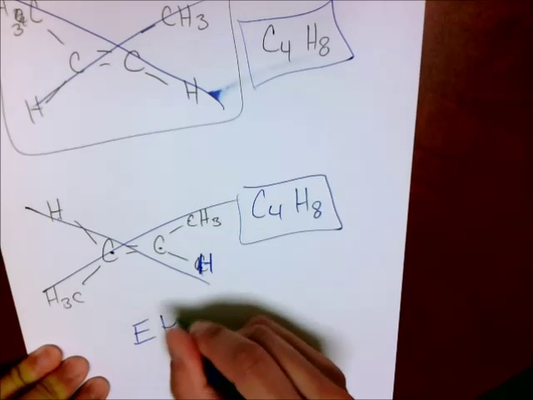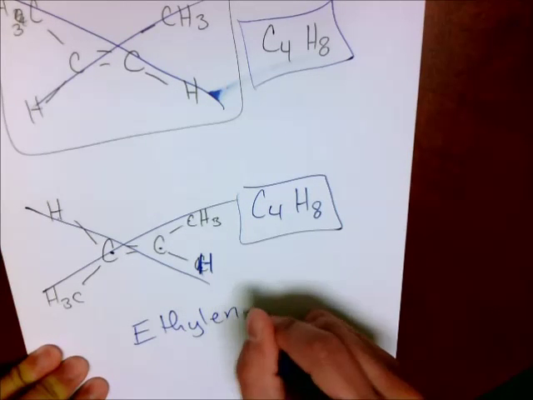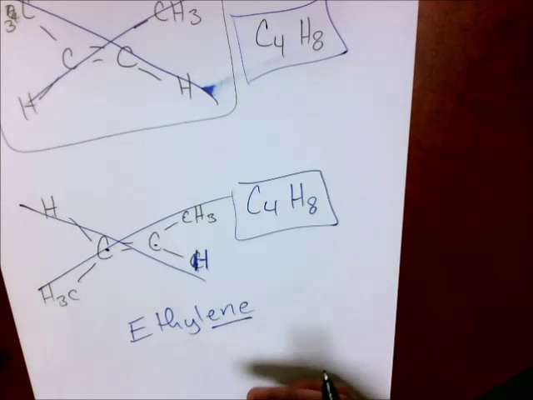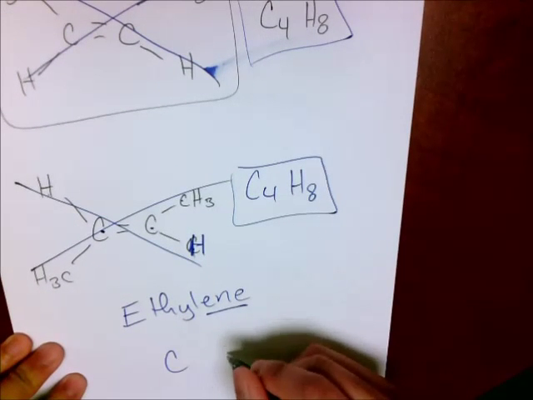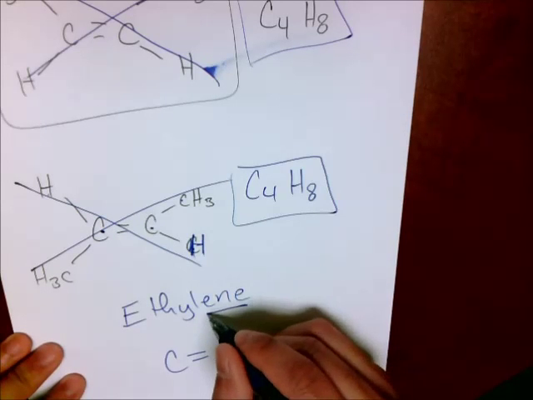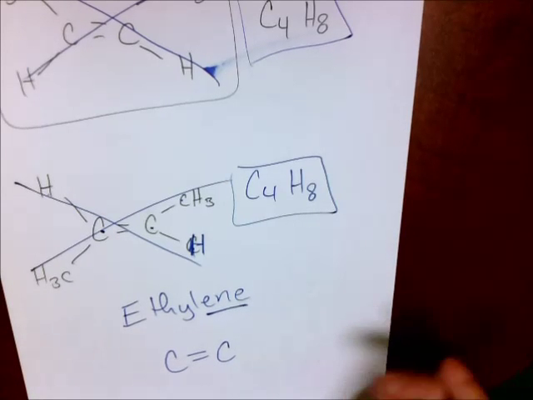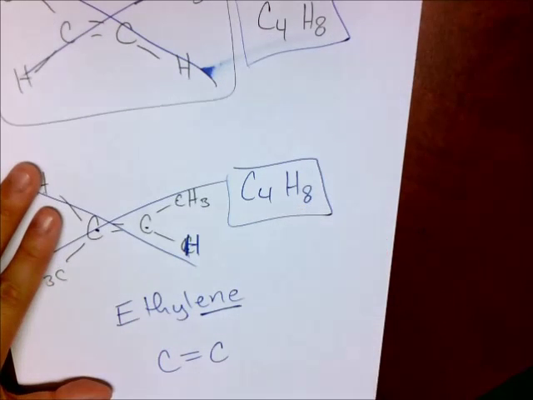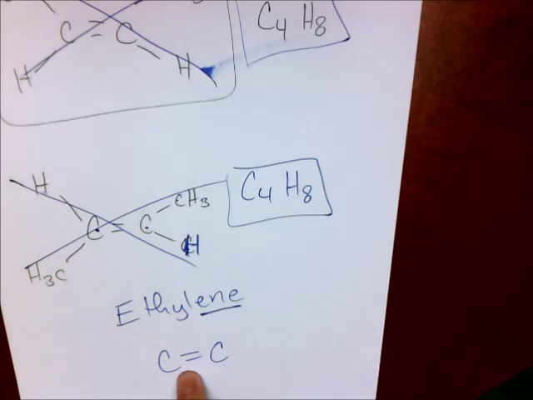You have ethylene. What that means is that ENE means that you are going to combine and double bond 2 of them. So here are 2 C's. We're going to double bond them, because it is an ENE ending. If it was an ANE ending, it would only have a single bond. If it was a YNE ending, it would have a triple bond. But in ethylene, there is a double bond between the carbons, right?